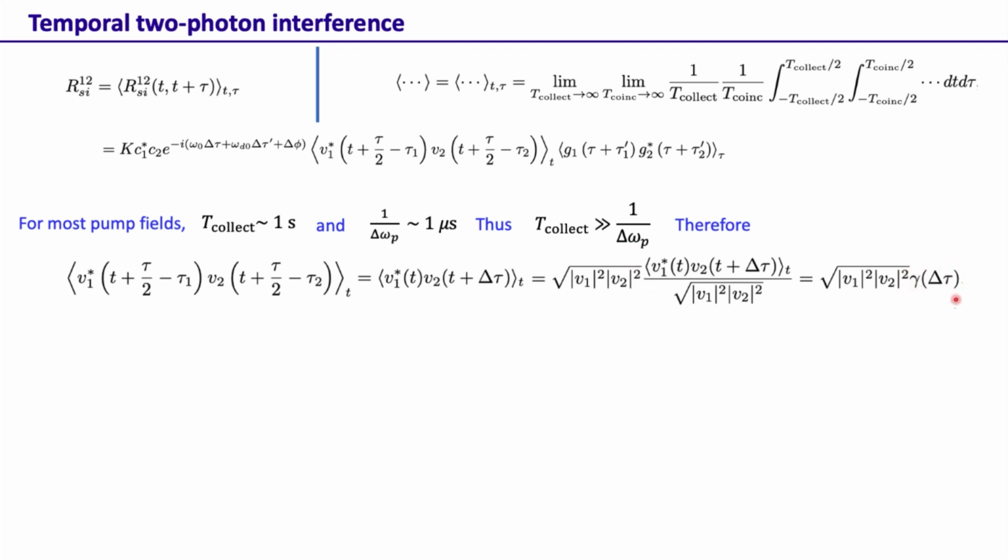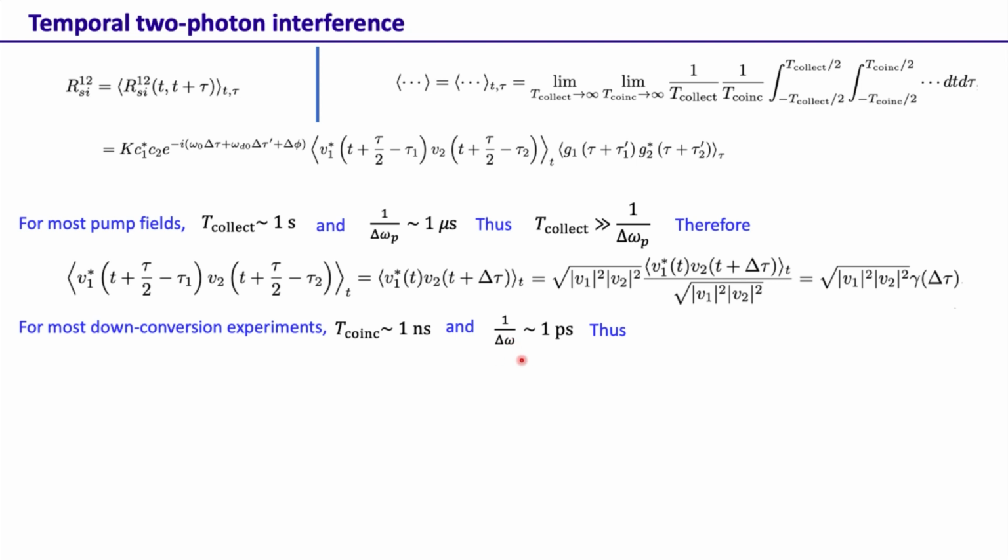So this is the time averaged degree of coherence, and it actually depends only on the difference of the two arguments. Similarly, for most down conversion experiments, the t coincidence, the time window over which the coincidences are collected, is of the order of a nanosecond, and also 1 over delta omega is of the order of a picosecond.